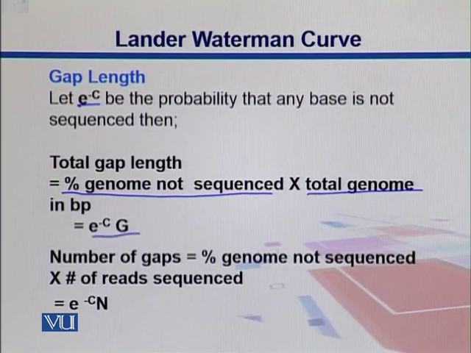So it's e raised to the power minus c, times G. And the second equation is how we get the total number of gaps. It is the percentage of the genome not sequenced, e raised to the power minus c, times the number of reads, which is N. These two are what we call the Lander-Waterman equations, and they are important in genome sequencing and assembly projects.